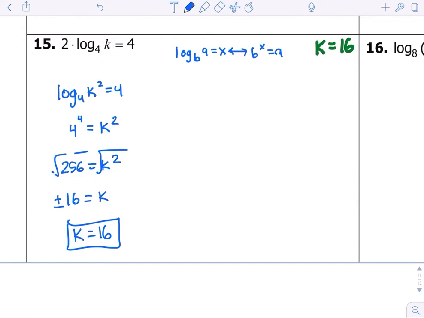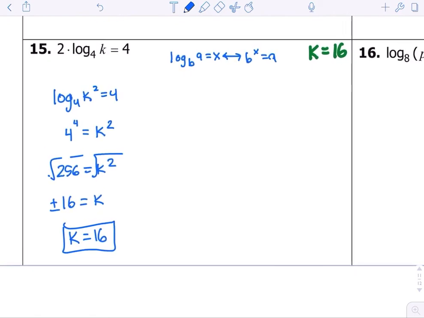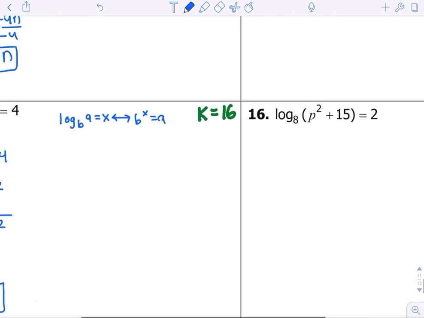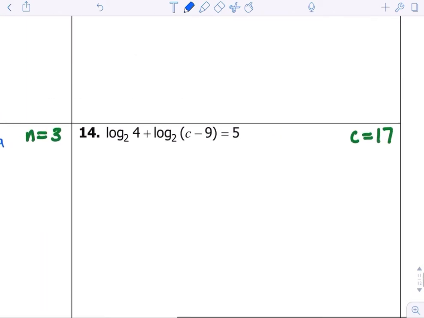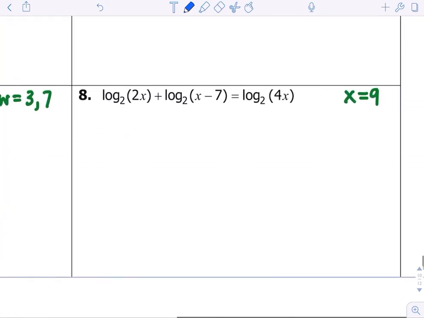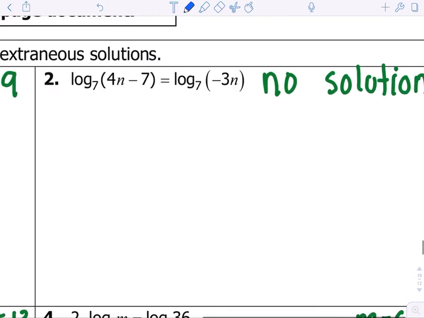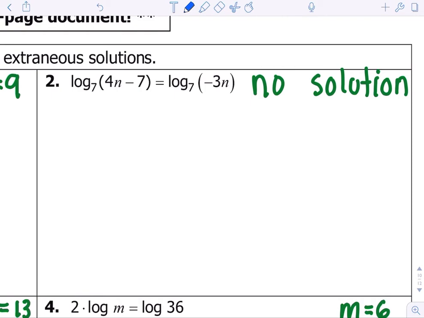Okay. Now, just for the sake of argument, I'm going to continue on with doing the even numbers, so that you can get more review. Alright, so log and log, those are the same, so this is going to be the same as that. So 4n minus 7 is going to equal negative 3n.